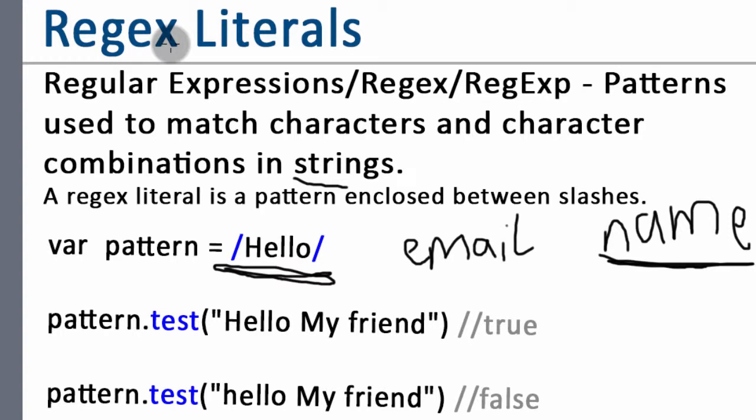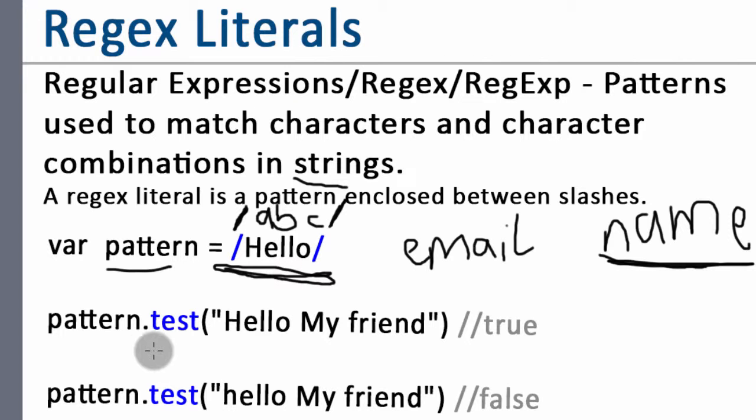In this section, we are just looking at regex literals, and a regex literal is a pattern which is enclosed between the slashes. You just declare your pattern in there, and once you declare your pattern, that is a regex literal. For example, in this case, our pattern is hello.